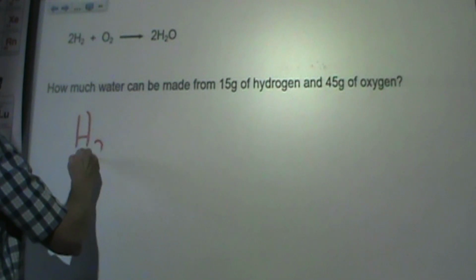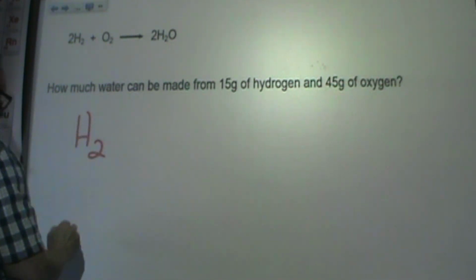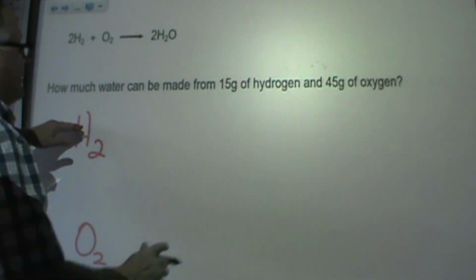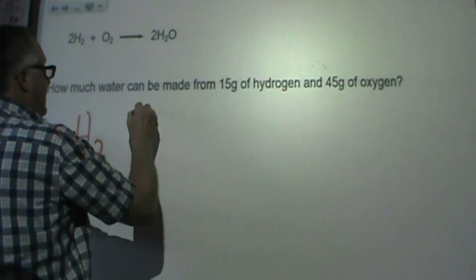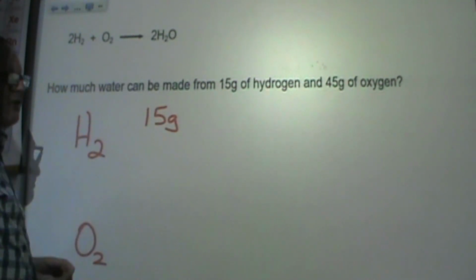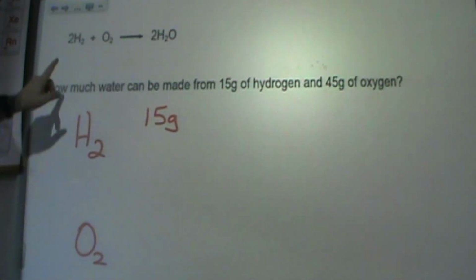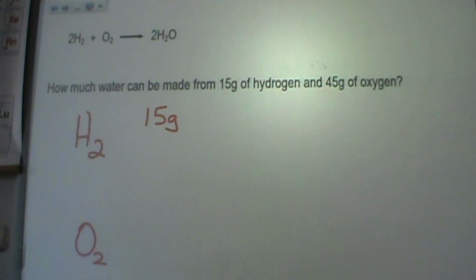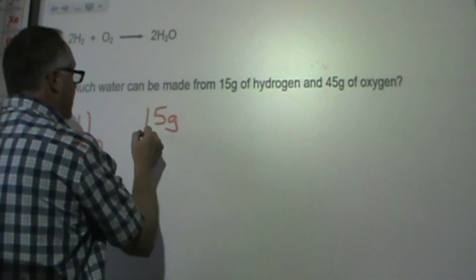Well, I'm going to do the same thing. I'm going to put down the hydrogen and the oxygen so I know exactly what I'm dealing with. And I have 15 grams. And when I go across and do stoichiometry, I can't do it in mass. I can do it in moles, though, so I'm going to turn this into moles. And we can use the formulas over there.